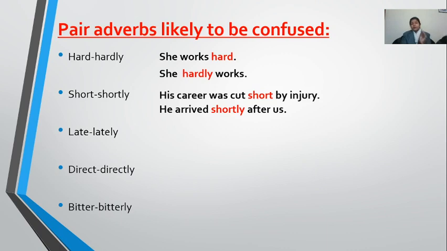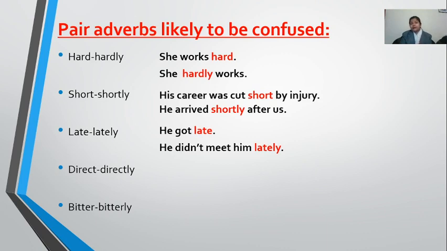While using them, be careful about what intention you have, like late or lately. Now let's talk about these two words. He got late. Late means reached after time, he has crossed the time limit. Now lately: he didn't meet him lately.